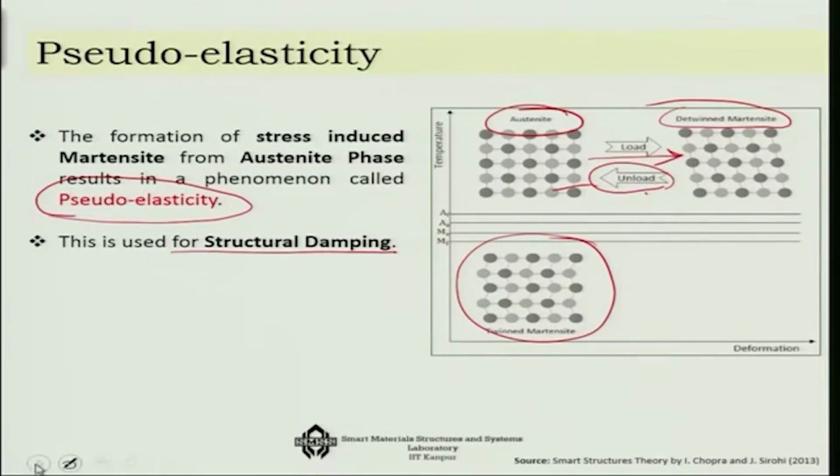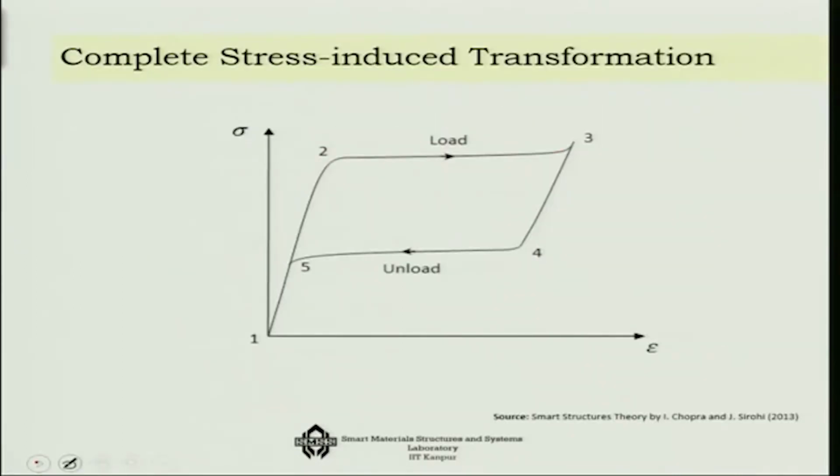Let's see how this will be useful. If I look at the pseudoelastic behavior, that means here I am at austenite phase, and then I am increasing the load, up to point 2, the elastic loading is over, suddenly the phase transformation happens.